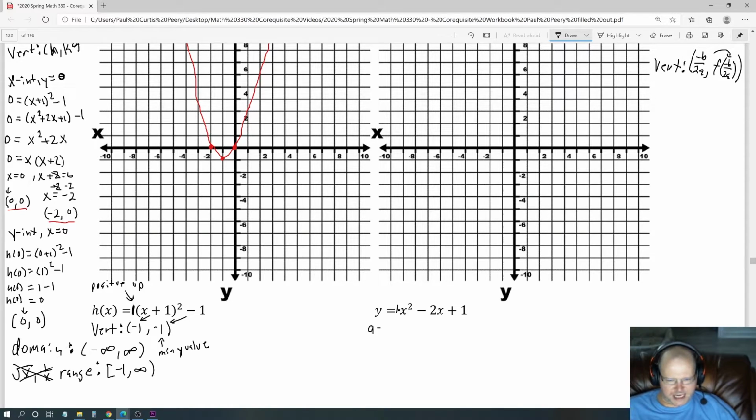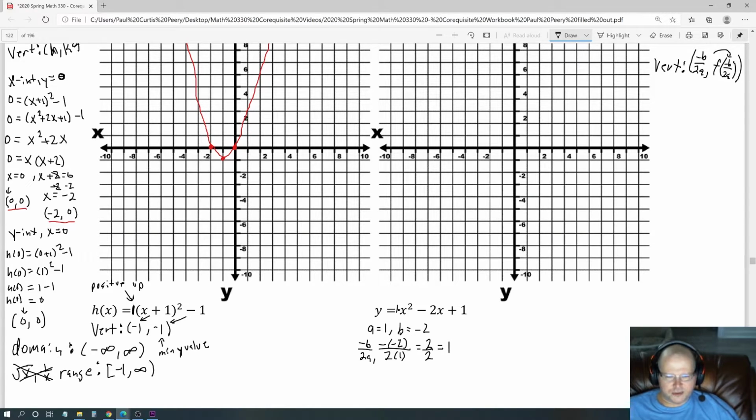So a is equal to 1, b is equal to negative 2. If I plug in negative b over 2a, that's negative 2 over 2 times 1, which is positive 2 over 2, which is 1.